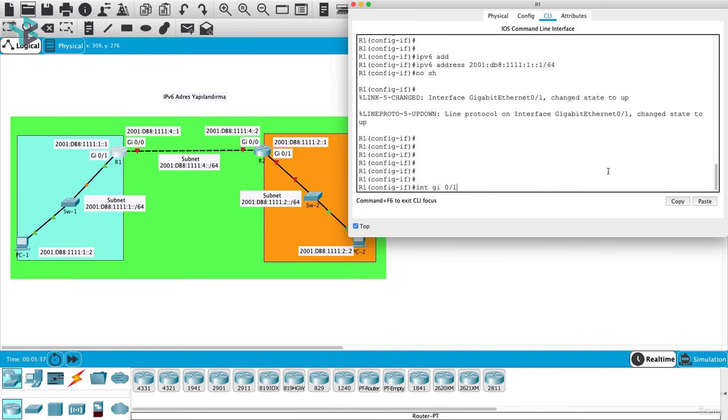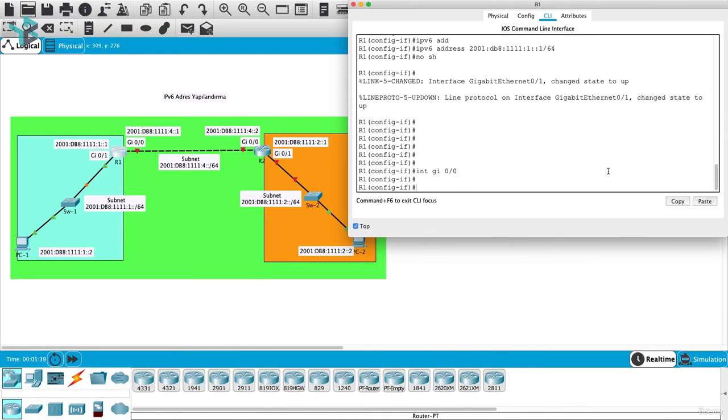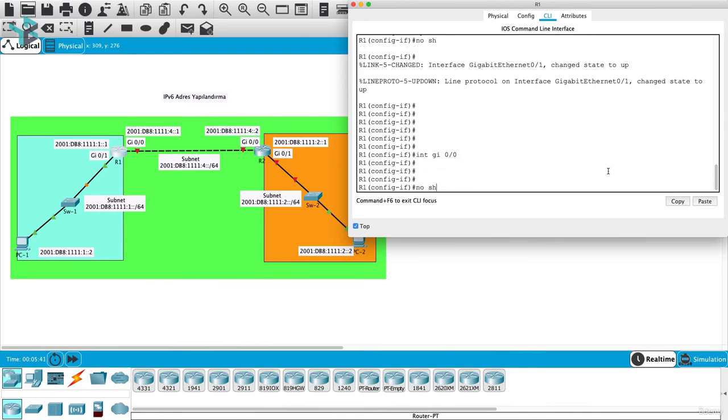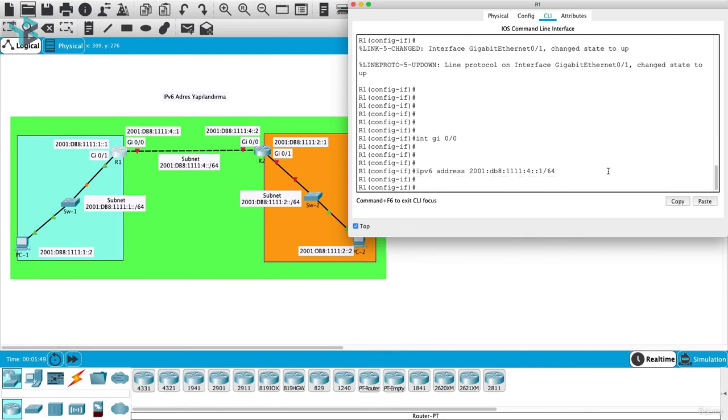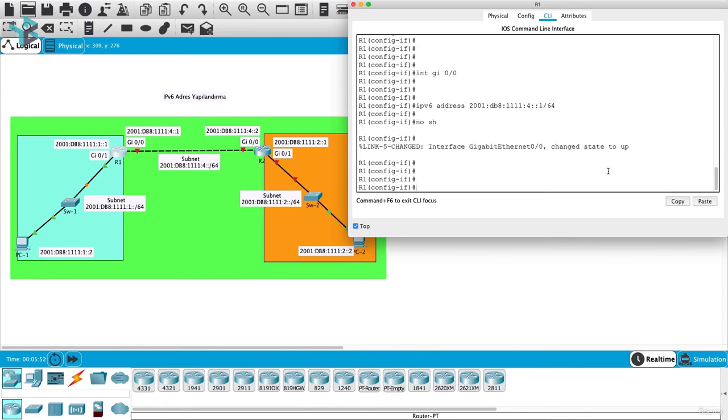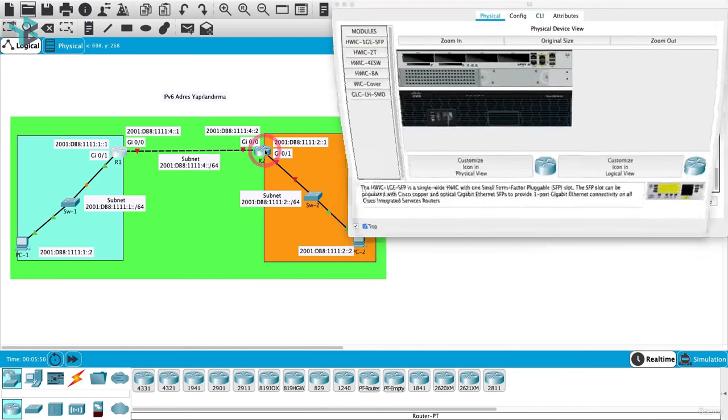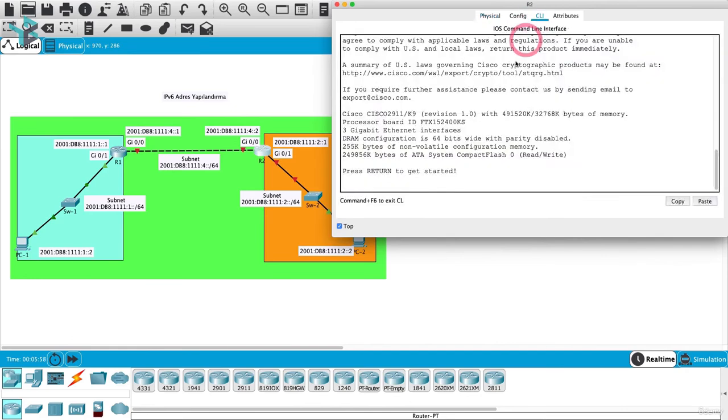Let's quickly switch to gigabit 0/0 and configure it. I find the old command I wrote, and the subnet of this place is 4, so I make the subnet 4 by shortcut right here, the IP is 1. When I enter and do no shutdown, gigabit 0/0 will also be up. Now let's go to router 2 and write our commands.